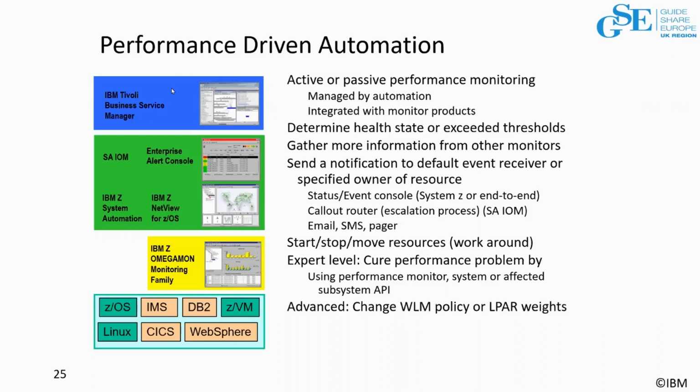You can integrate with call-out tools, which may have an escalation process. So you might send a severity 4 alert for it being in health state warning, but then if it gets to health state degraded, you may want to escalate that call-out to severity 2, say, or something like that. So all of these things are possible.